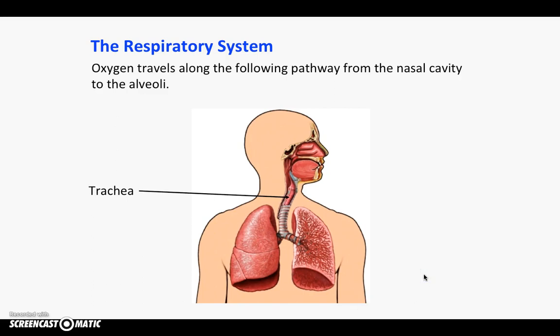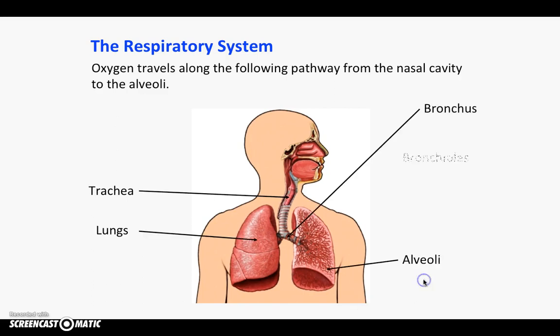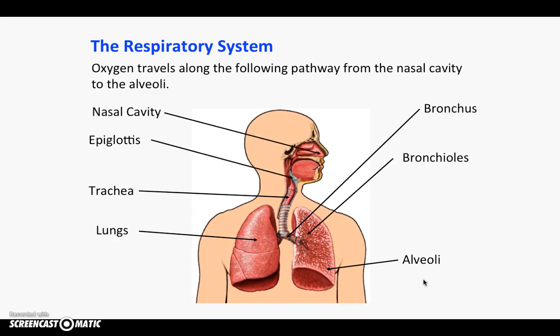So the first one we're going to talk about, in fact I don't want to start talking about the trachea yet, we'll get all these key terms up. We're going to start with the nasal cavity, which is pretty much how we breathe in oxygen from the outside.